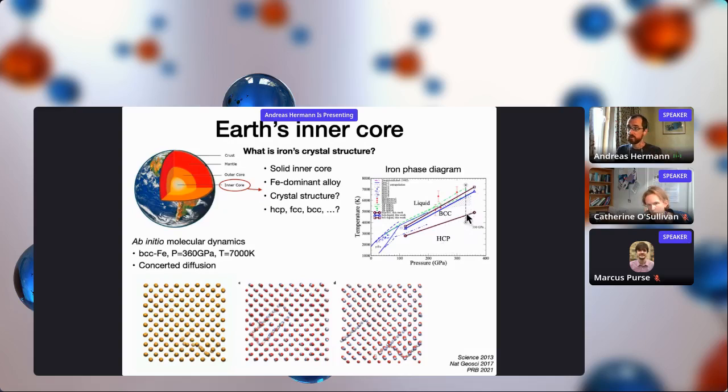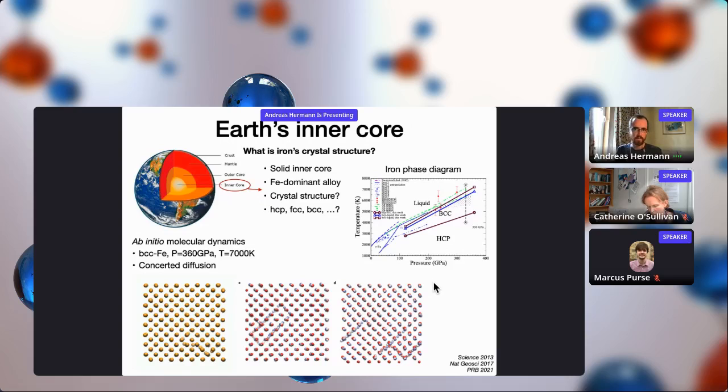And that very much crosses the inner core boundary pressure-temperature conditions. So this curious little effect has the potential to change what we think 25% of our planet is made of, if you will.